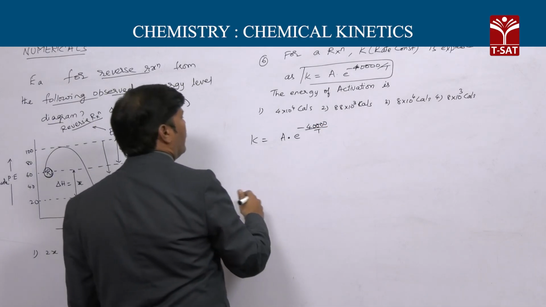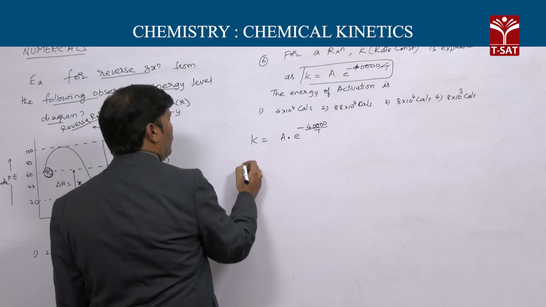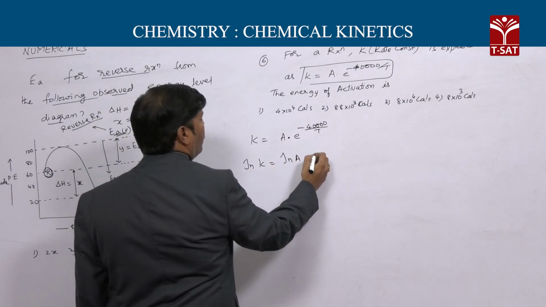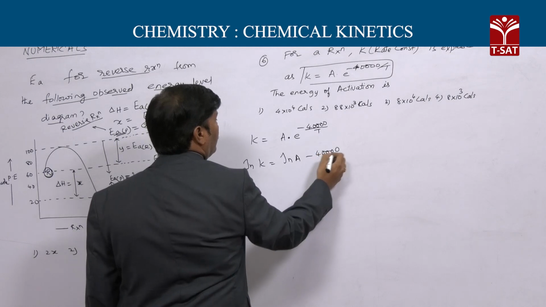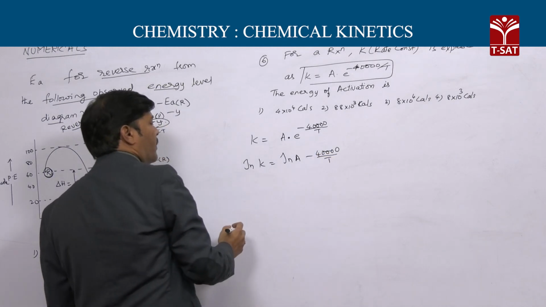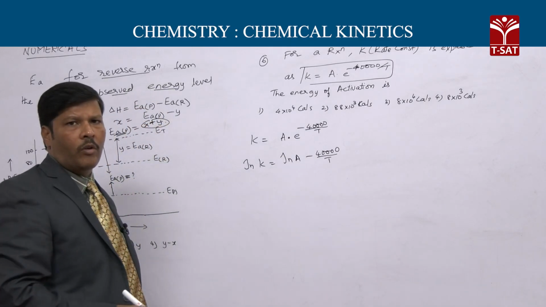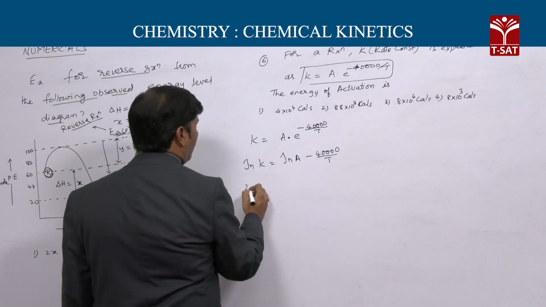The best thing we can do here is convert this into ln form. ln k is equal to ln A minus 40,000 divided by temperature. Convert this ln into 2.303 times log, because 1 ln is equal to 2.303 log.